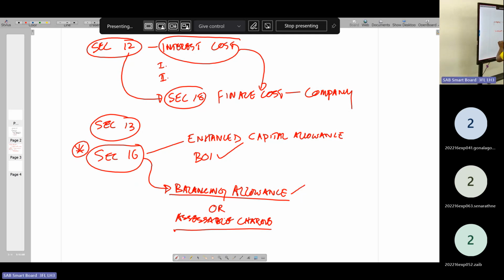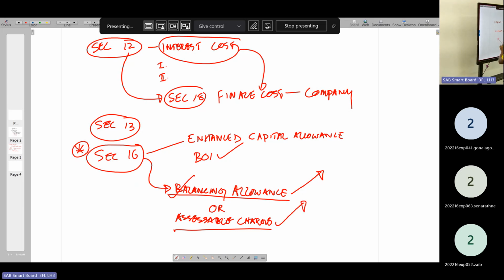If the written down value is excessive compared to the disposal proceeds, we call it capital balancing allowance. If the disposal proceeds are excessive compared to the written down value, we call that assessable charges.